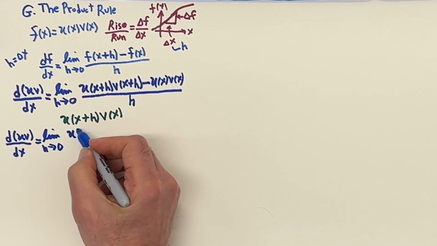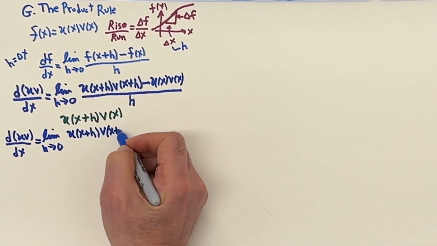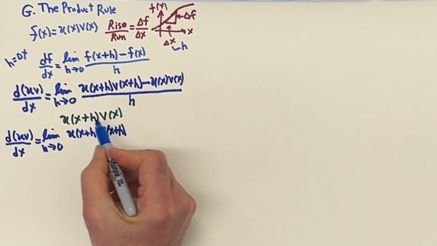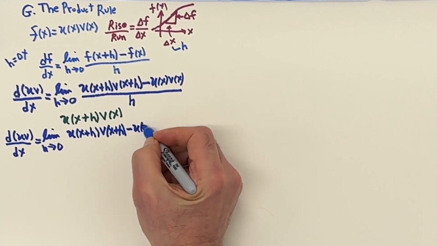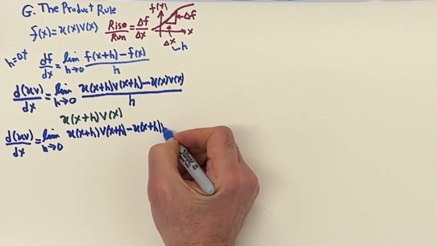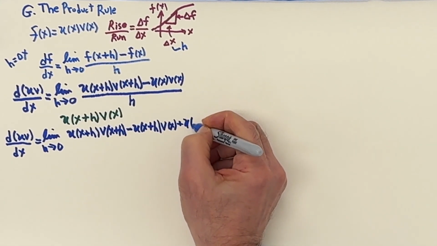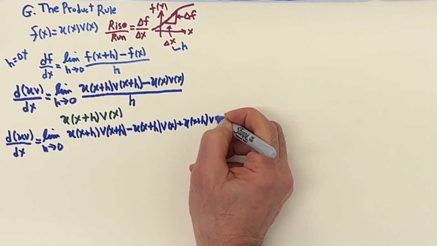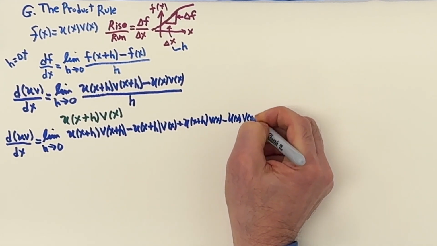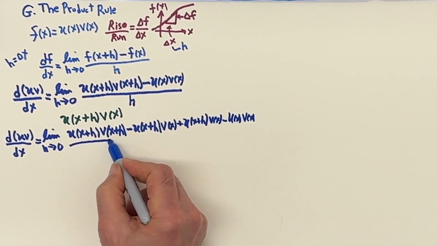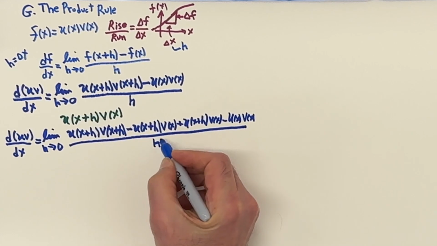And we'll write the first term down, u of x plus h times v of x plus h. And now I'm going to subtract this and add it. So here we'll have minus u of x plus h v of x, and then plus u of x plus h v of x minus u of x v of x. And all of this is divided by h.